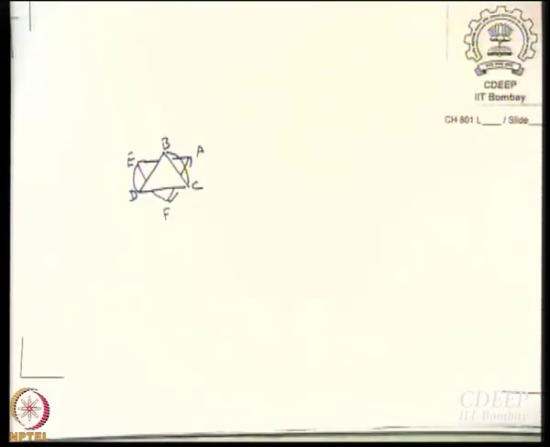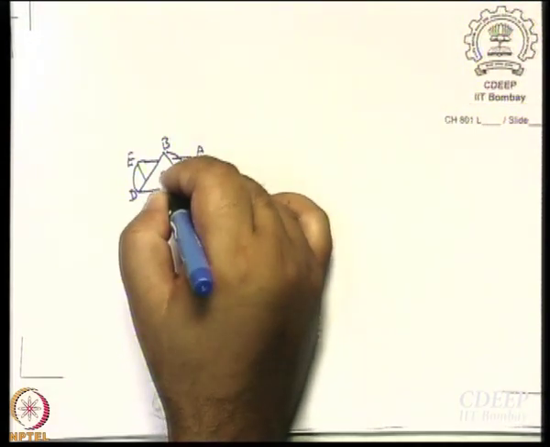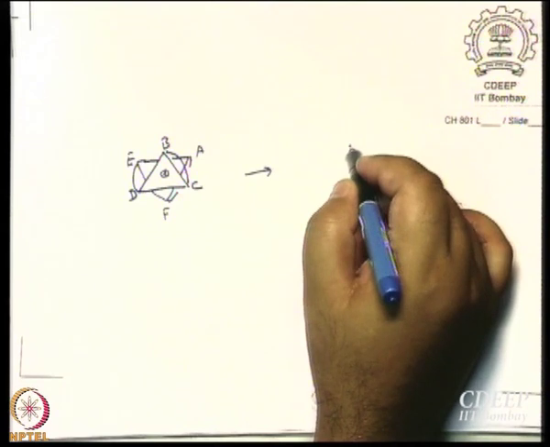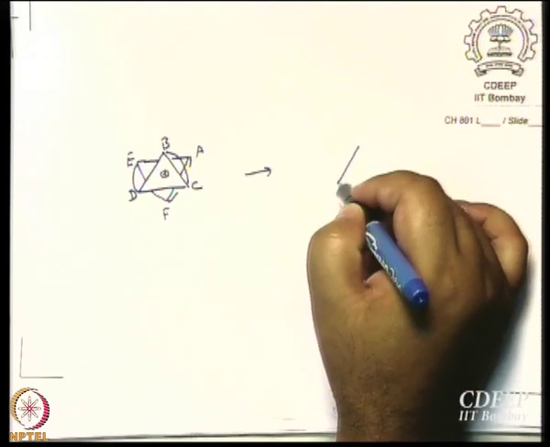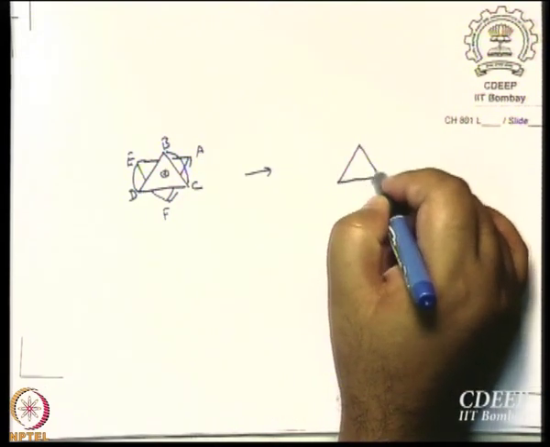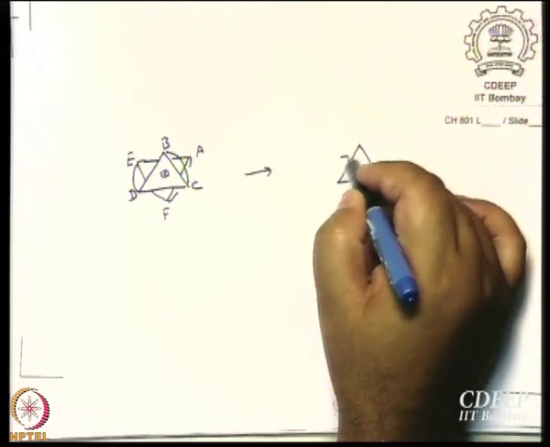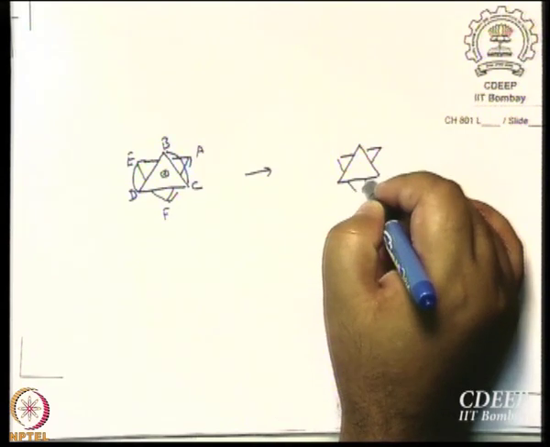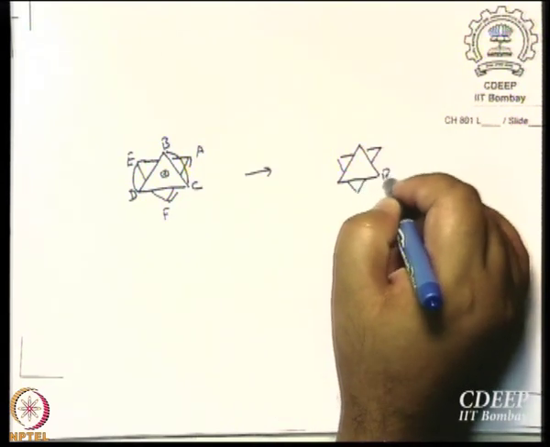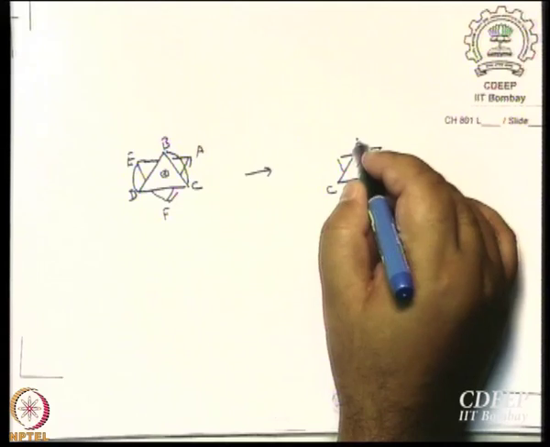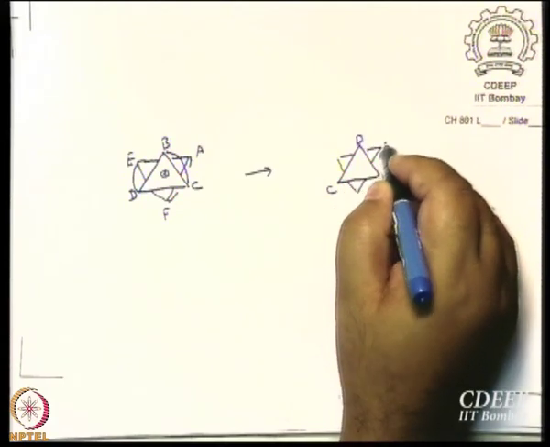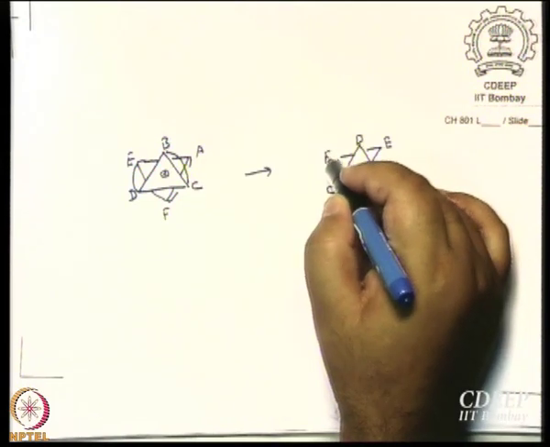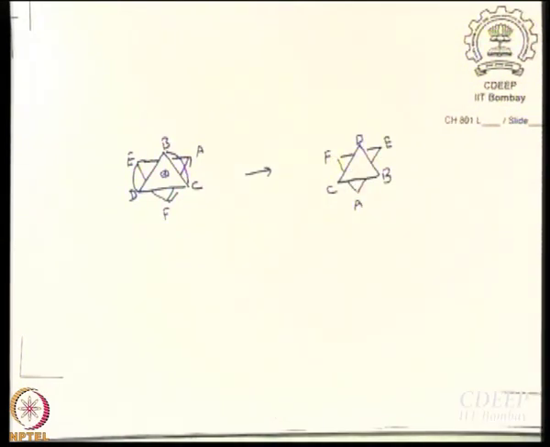Okay. Now let me perform this C3 operation and let's see if it will survive. B, C, D, E, A, F. Is that right?